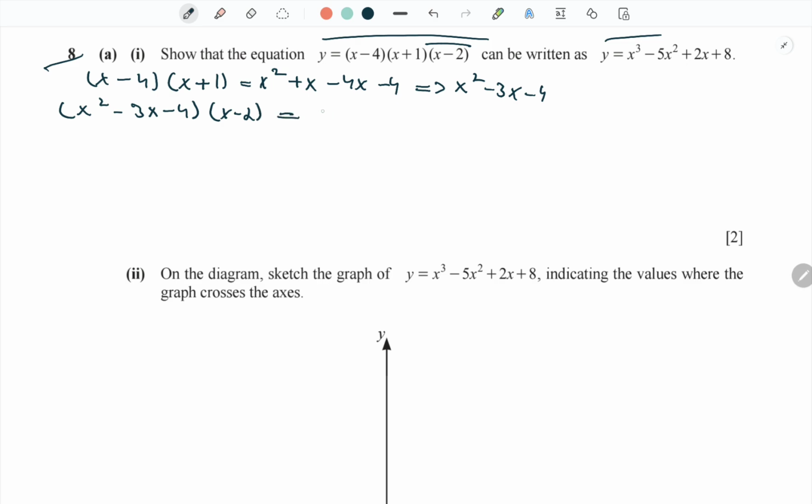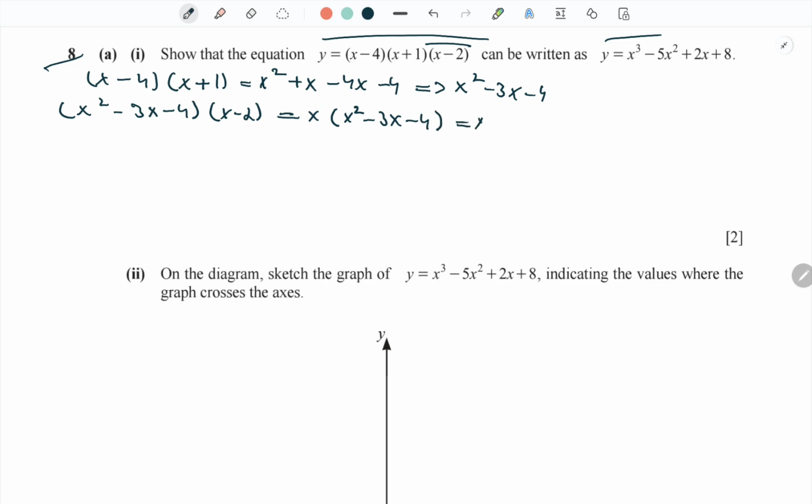Okay, so x square times x is going to be x cube. Or we can simply do it like this, so it's easier for you. We multiply x by the whole bracket first, that is x square minus 3x minus 4.